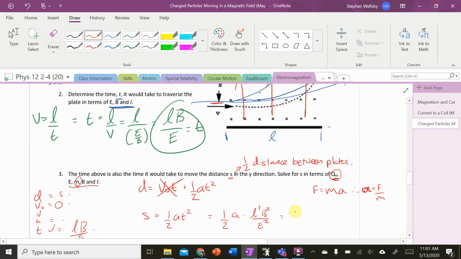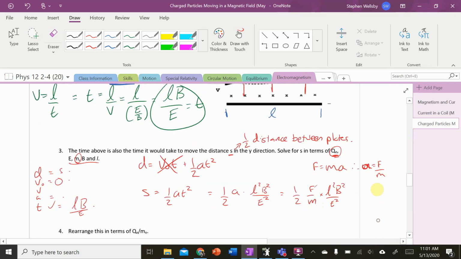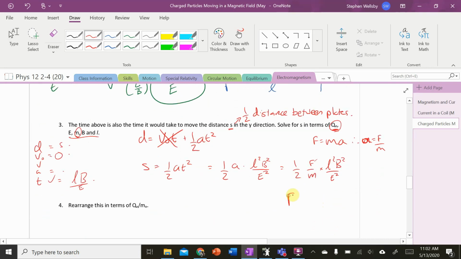So this is going to equal 1/2 F over M times L squared B squared over E squared. And also, the formula here I'm asking for doesn't include F, so we need to get rid of F somehow and also get Q in there. So what do we know for F? Well, we know F equals Q times E. It's the electric force acting on it.